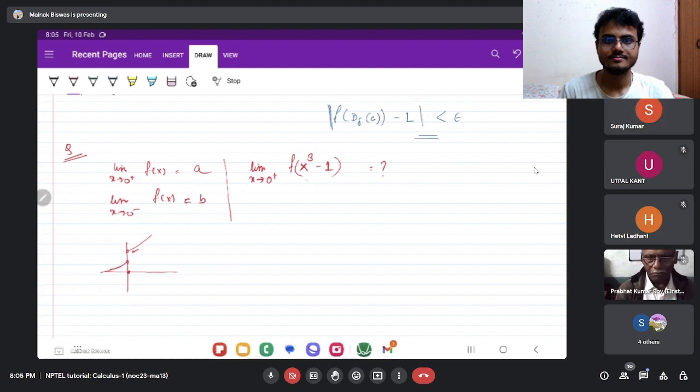So if I put a value of x plus here, what do I get? f of 0 plus cube, so it's a positive number, minus 1. So this is f of minus 1. Nothing has been told about f of minus 1, right? So your answer is f of minus 1.